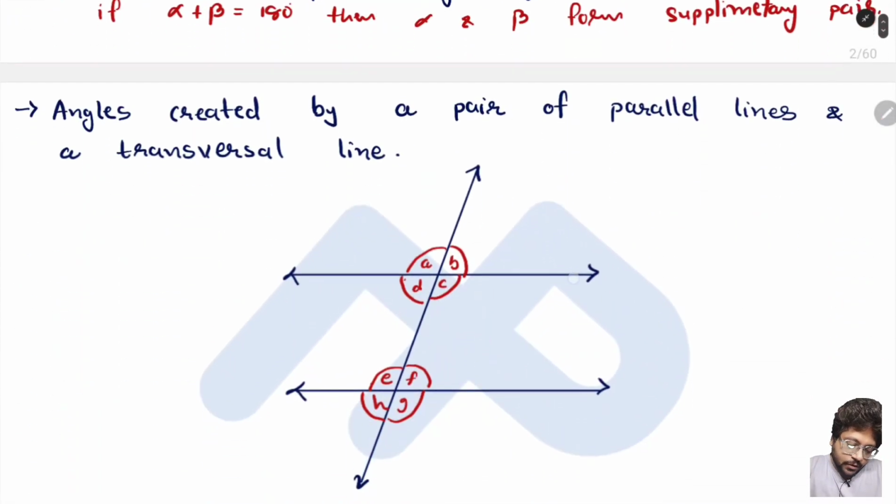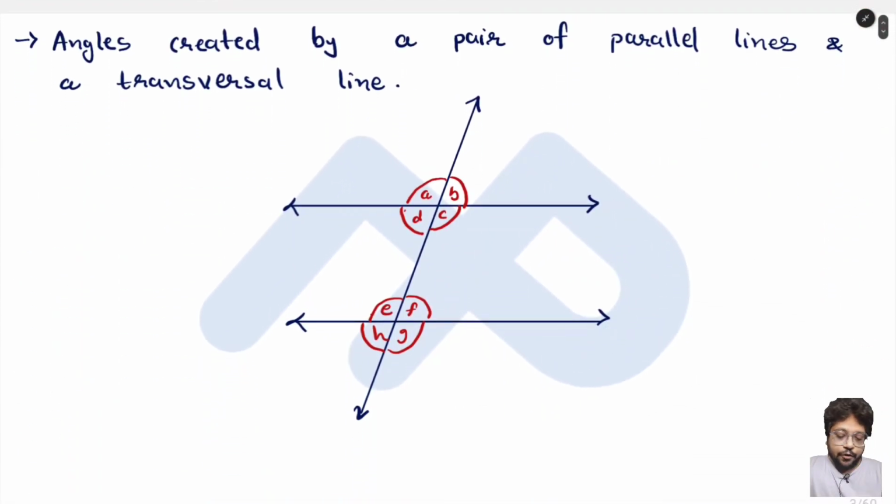Now let's see when two parallel lines, let's call this L and this M, are parallel to each other. We can show it like this. There is a line N which intersects both L and M. It is called a transversal line.